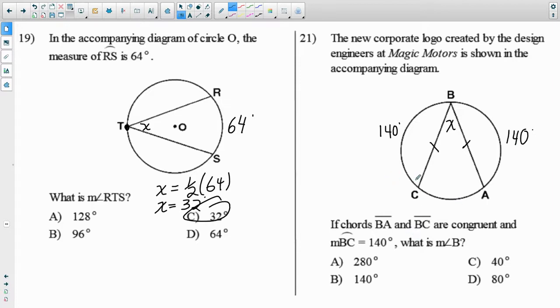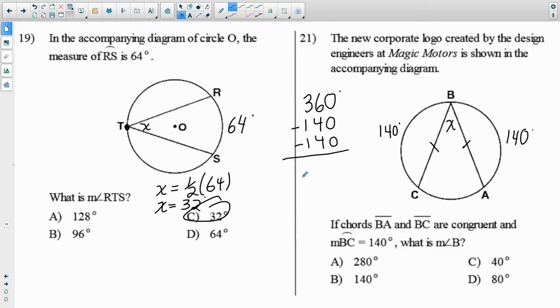Well, if this arc here is 140 and this is 140, and we know that an entire circle adds up to 360, I could say 360 degrees minus 140 minus 140.